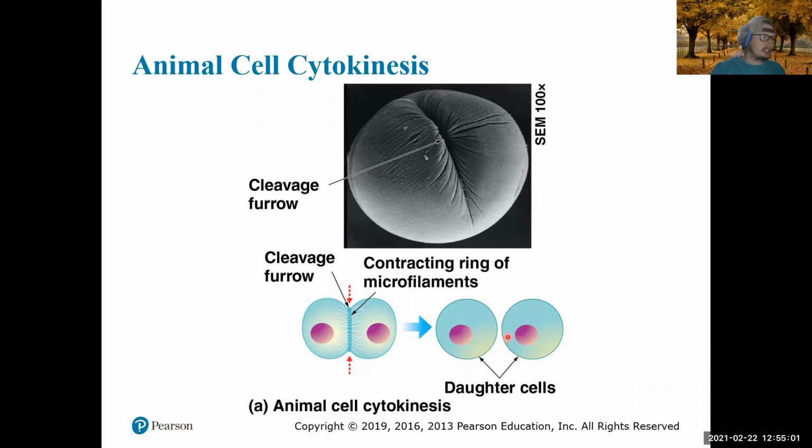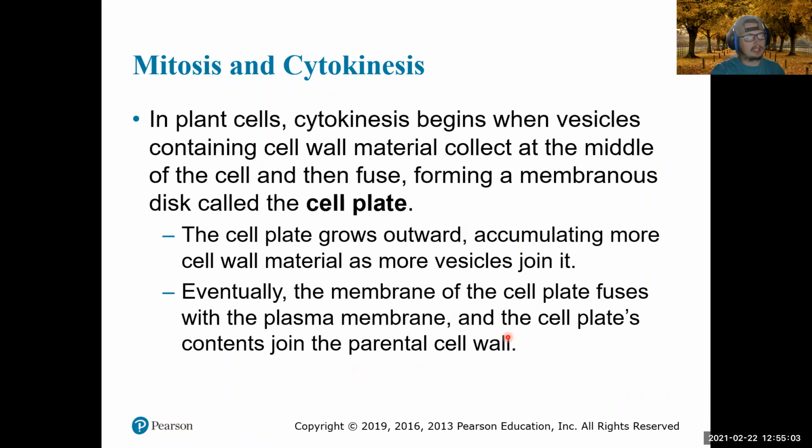Now this is functionally different from how a plant cell undergoes cytokinesis, because a plant cell actually uses what's called a cell plate. And that cell plate forms from a membranous disc that is a culmination of multiple vesicles kind of building together.